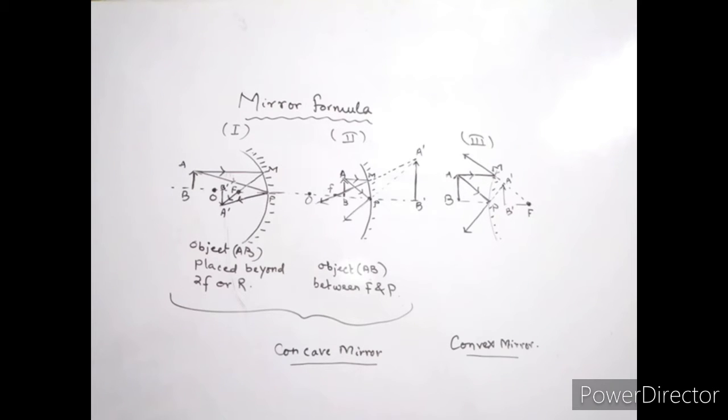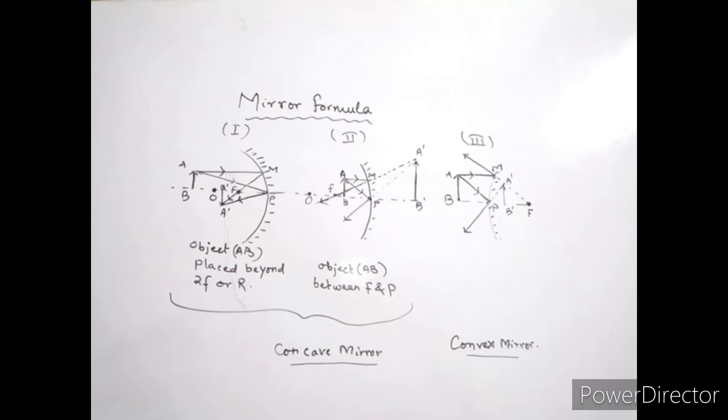And in the second case it is unable to meet after reflection, and that is why they are produced backward, and they give the image at A dash B dash on the other side of the mirror, of course. And so that is the virtual image that is obtained in the case of the concave mirror.